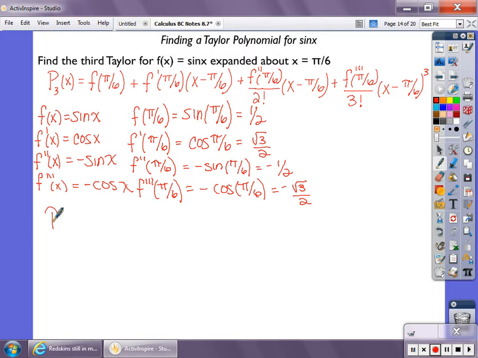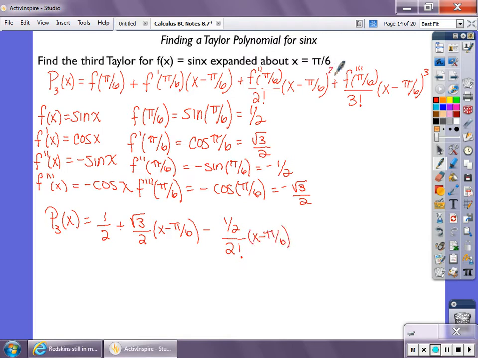And so the third degree Taylor polynomial of x will be f of pi over 6, 1/2, plus f prime of pi over 6, root 3 over 2 times x minus pi over 6, plus f double prime of pi over 6, so that's going to be minus 1/2 over 2 factorial times x minus pi over 6.